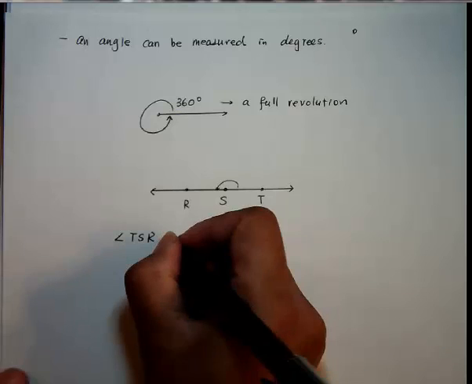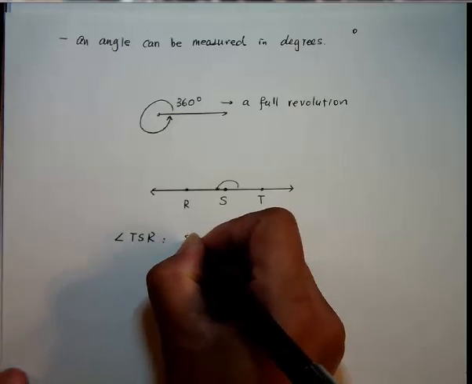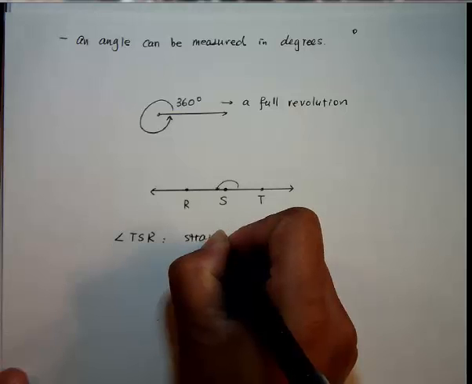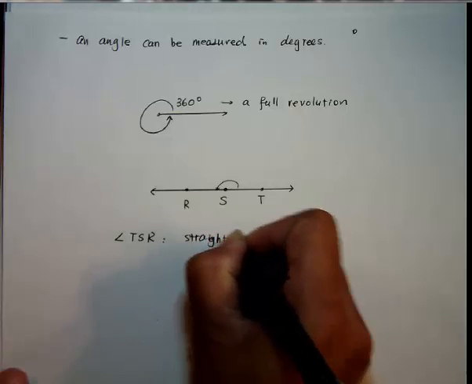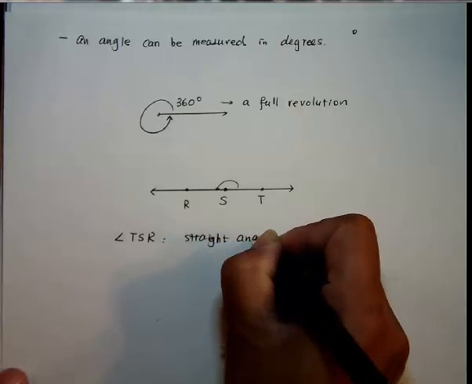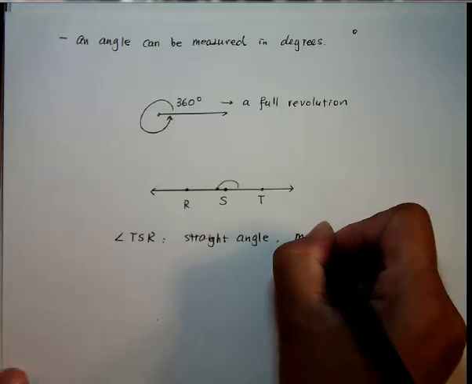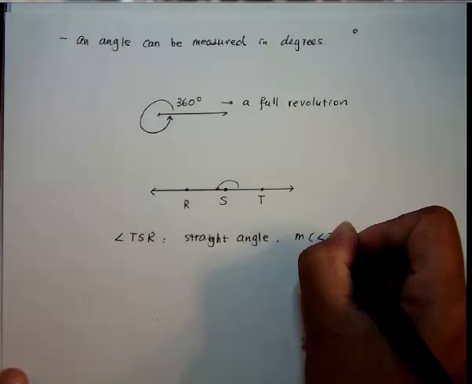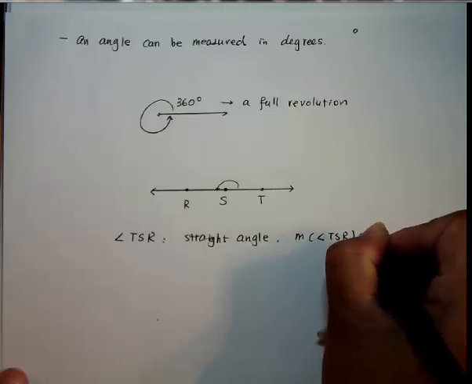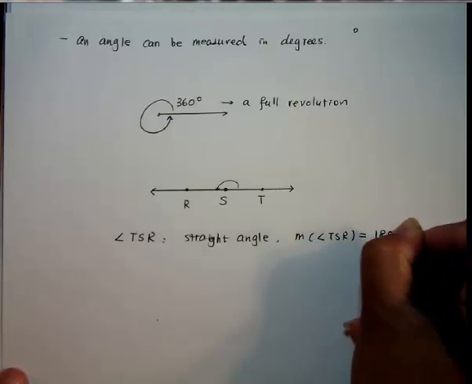We call it a straight angle. The measurement of this straight angle TSR is equal to 180 degrees.